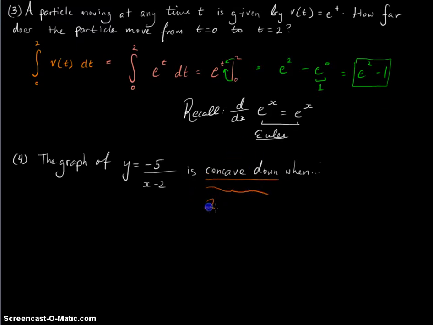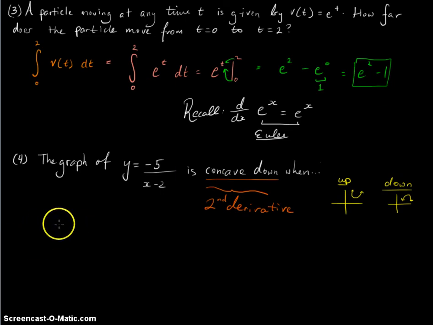This is representing the second derivative, because remember, concavity is a second derivative. If you have something that is concave up, it has a happy face, like that. But if you have something concave down, then you have it like that, sad face. So to find when it's concave down, we obviously have to take the second derivative, so let's do that.